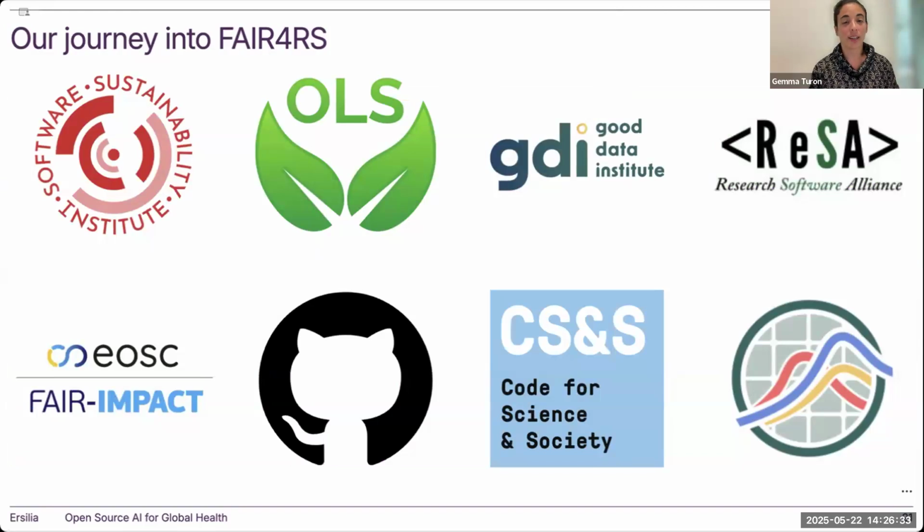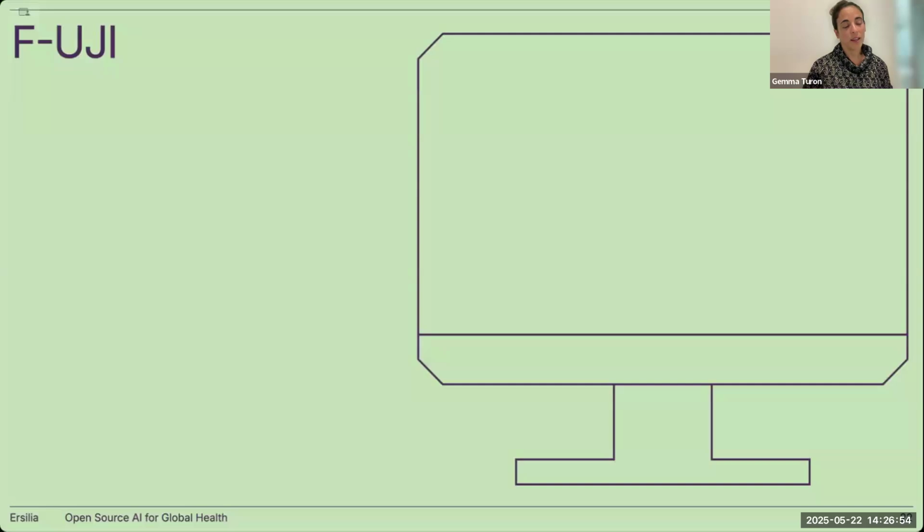On the contrary, it's really thanks to many organizations. We are just listing here a few of them that have really helped us in learning, improving, and basically adapting FAIR principles for our use case in the Ersilia Model Hub. So it's not a lonely journey. On the contrary, it's a community-driven path.